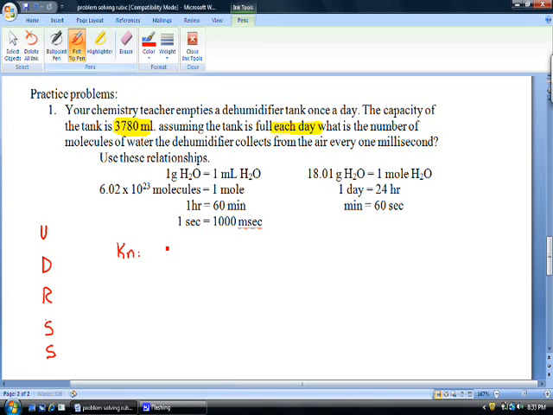So that's one thing we know, 3,780 milliliters per day. That's what I'm pulling out of the shed.